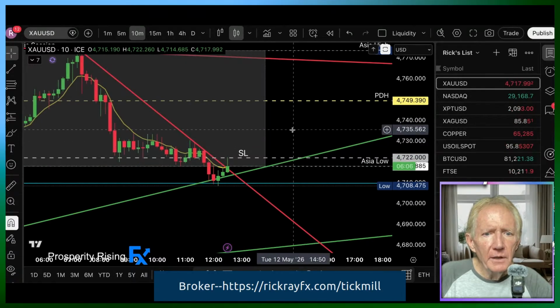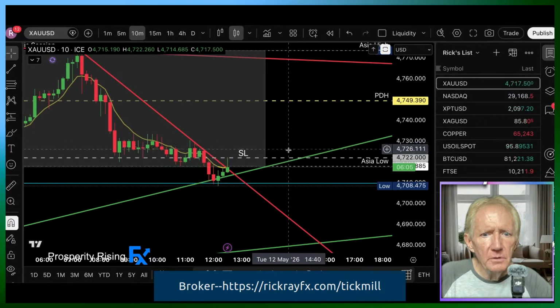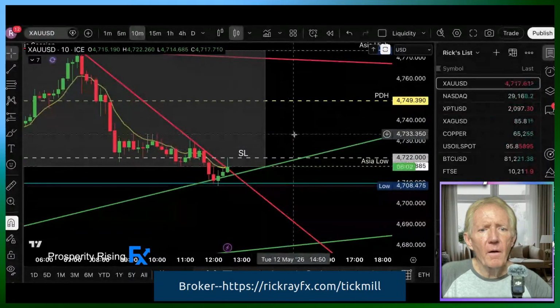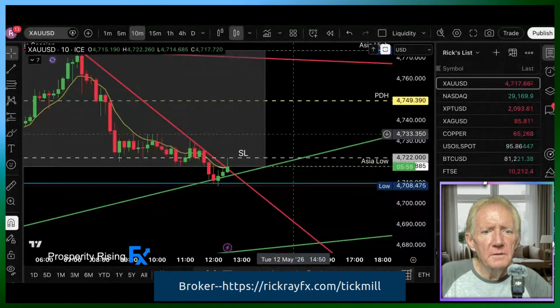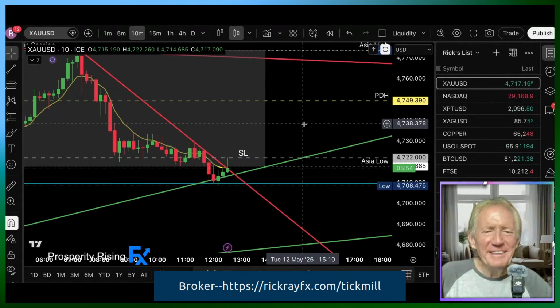I wouldn't say I really had my stop loss too tight, but you never know. That's all it did. It went up and just breathed on the stop loss, just enough to take the trade.